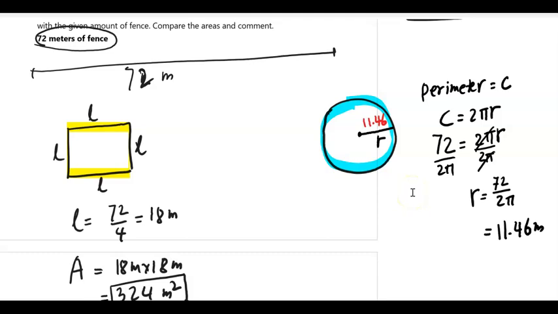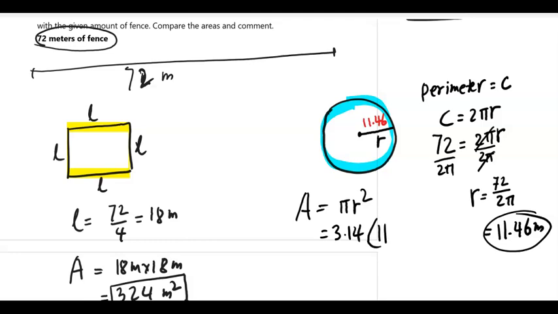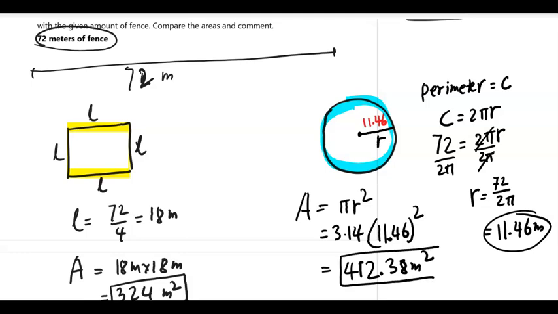Now I have to find the area. Since I have a radius here, the area is pi R squared. Pi is 3.14 times R, 11.46, squared. If you do the calculation here, you get 412.38 square meters. That's the area of the circular enclosure.